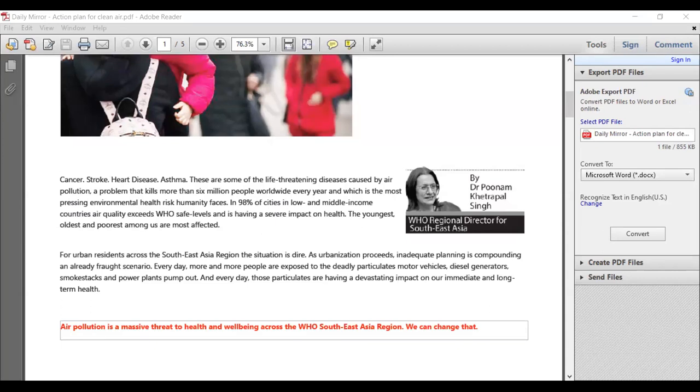Okay, and there can be other sites as well. Okay, and smokestacks or fire even.